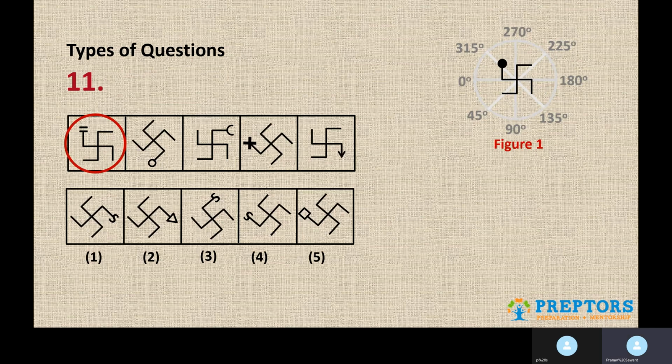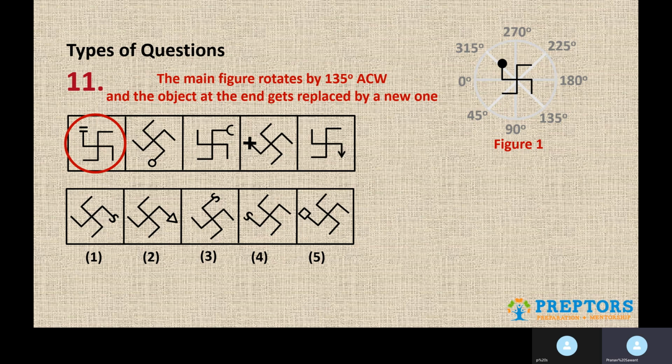Now, let's see what the pattern is over here. So this is figure 1. The main figure rotates by 135 degrees anti-clockwise, and the object at the end gets replaced by a new one. So this is the rotation. The object at the end will be replaced by a new object. So this is figure 3, this is figure 4, this is figure 5.